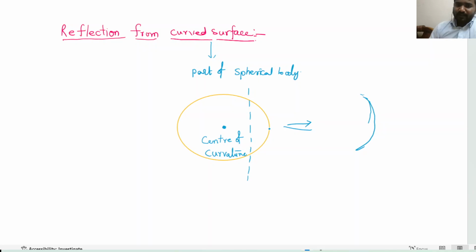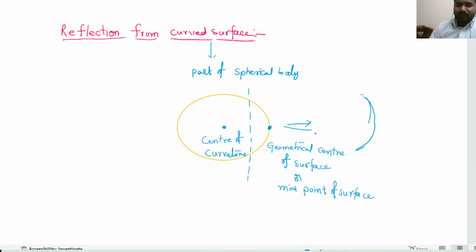And the midpoint of the surface, the geometrical center or midpoint of the surface.